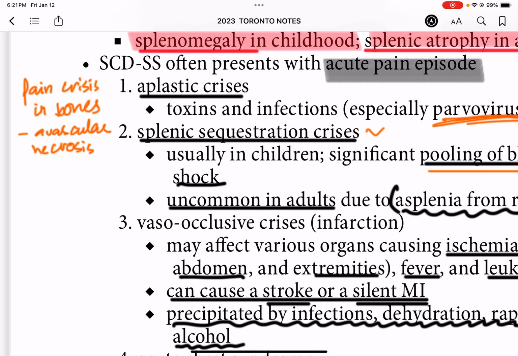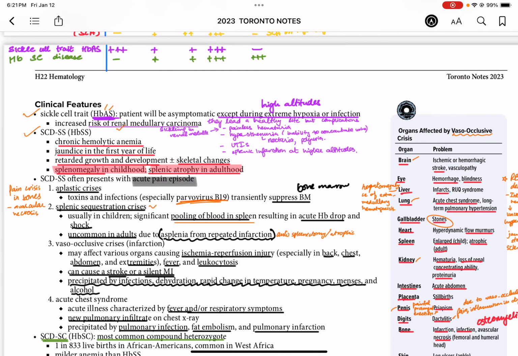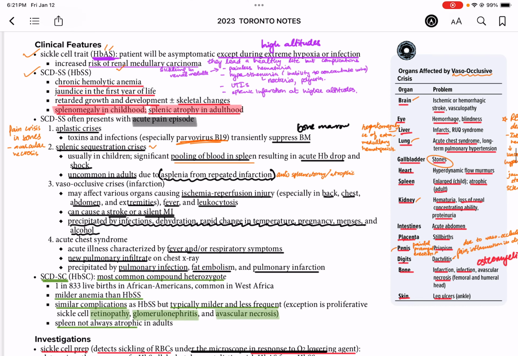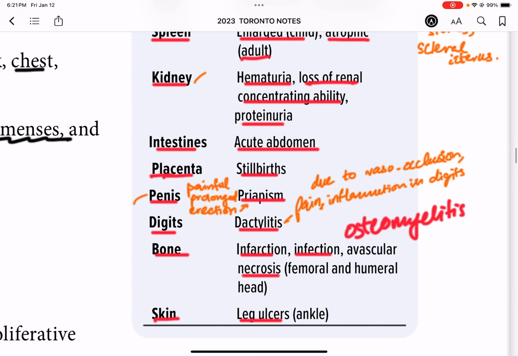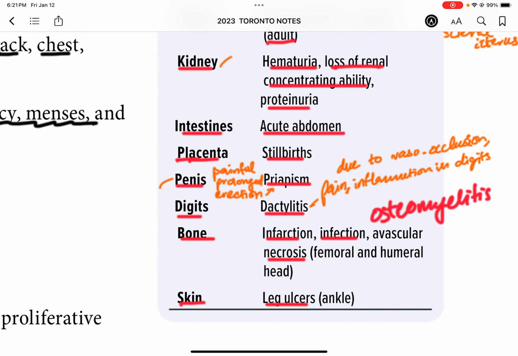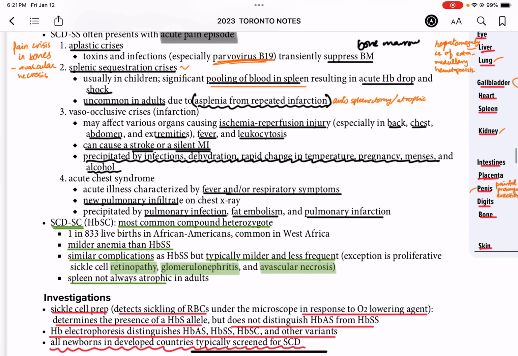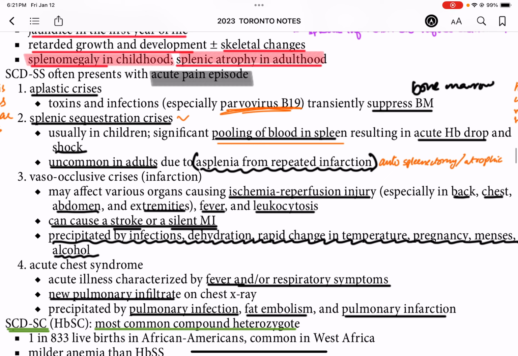They usually have pain in their bones, we could say their extremities, like arms and legs. And then there is also a term called dactylitis, which is inflammation in the digits. There is pain and inflammation in the digits because of the vaso-occlusion. Okay, so the splenic sequestration crisis we already read, because of the pooling of blood in the spleen and decreased hemoglobin in the body.